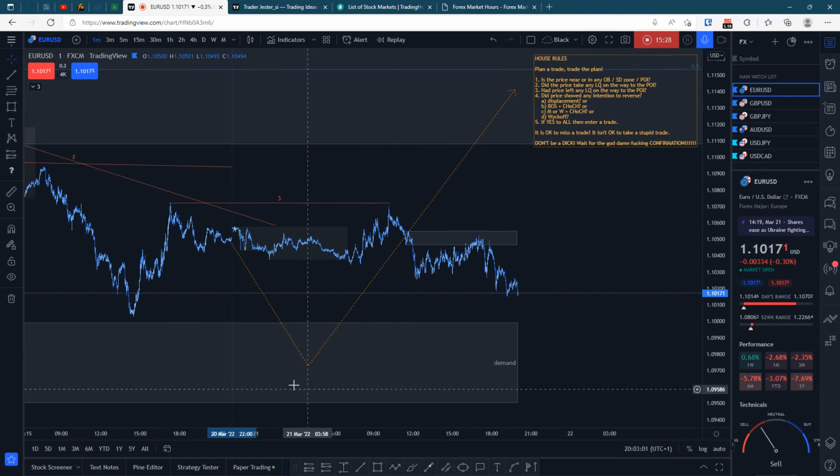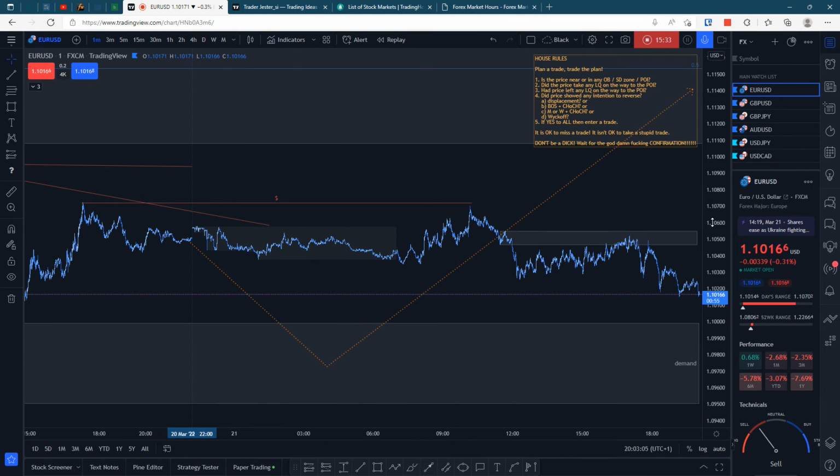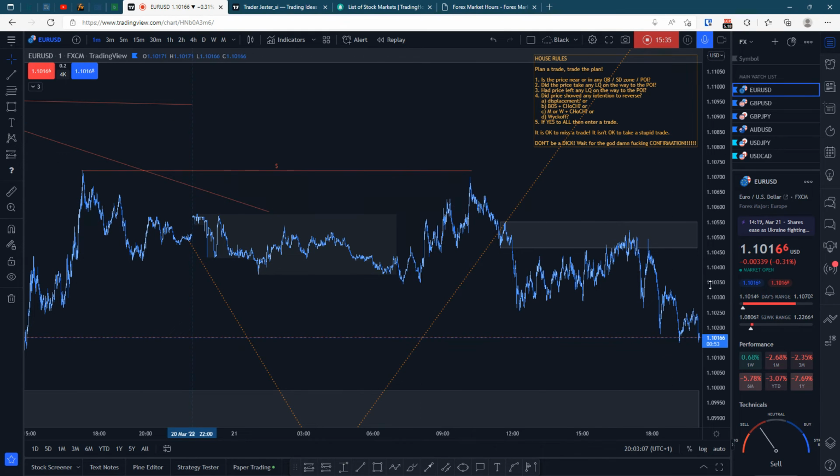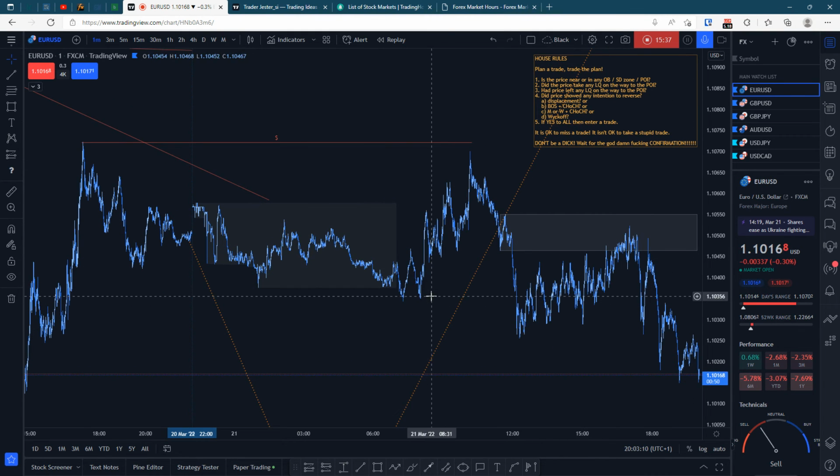I'm still waiting for this zone to be tapped. So what happened today was after London opened, a take of liquidity from Asia low. This is still Asia low.